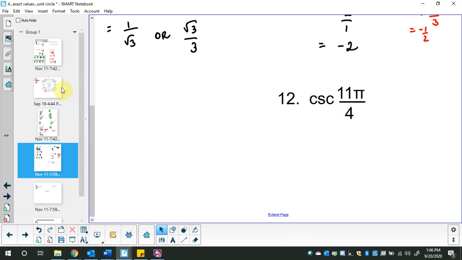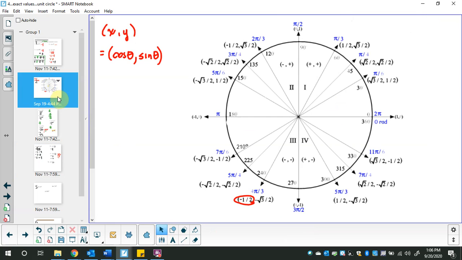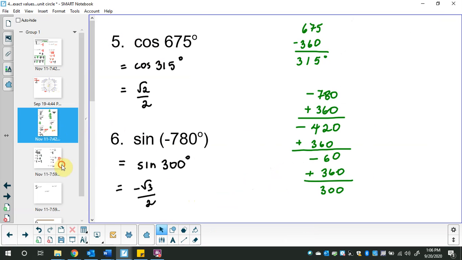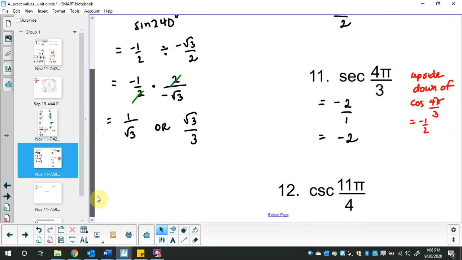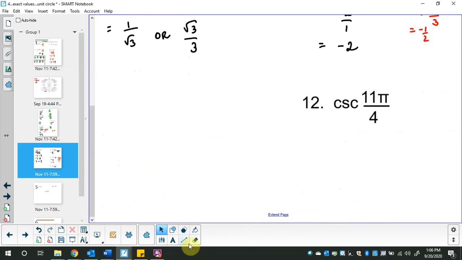11 pi over 4, not sure about that. Nope. So there is a way to take 11 pi over 4, leave it in radians, and deal with radians, but I'm going to do the conversion because it's my comfort level and it'll come up again.